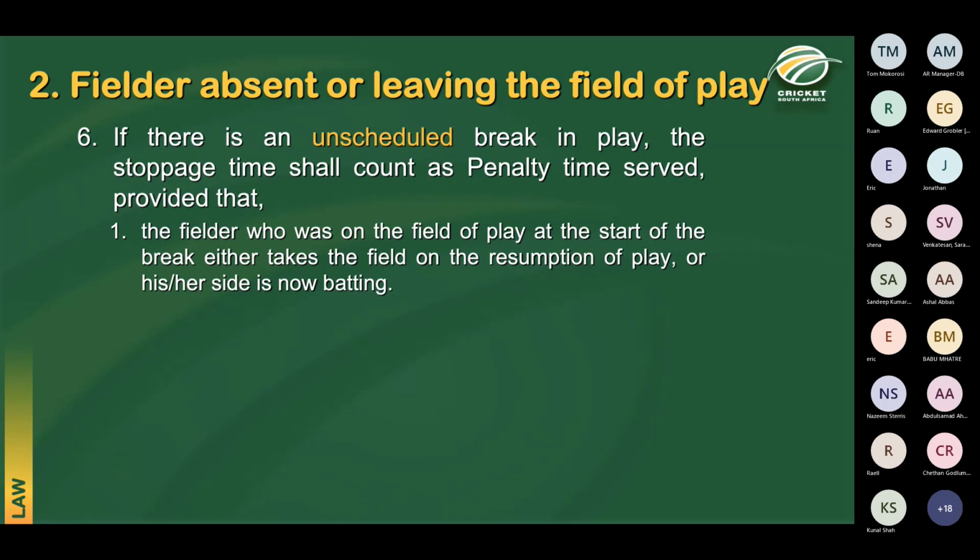Because if it didn't rain, he would have been on the field and he would have served that penalty time. So in this example, even though he's off the field with the rest of the team from 11:05 until 11:20, it is considered as penalty time served because he was on the field when the rain break started and he came back on the field with his teammates when the rain interval ended at 11:20.